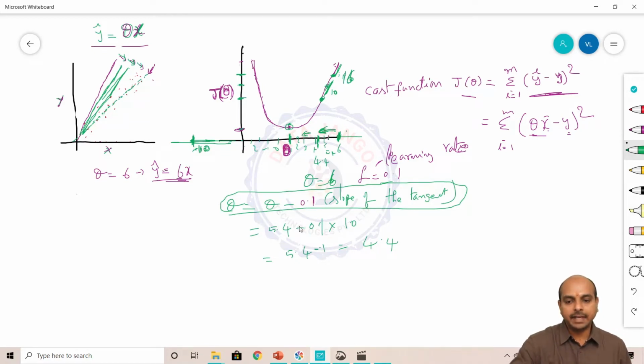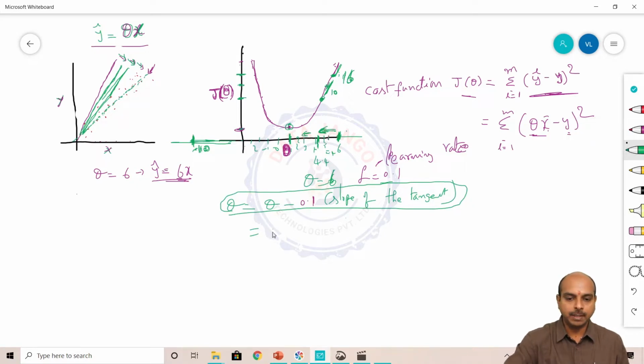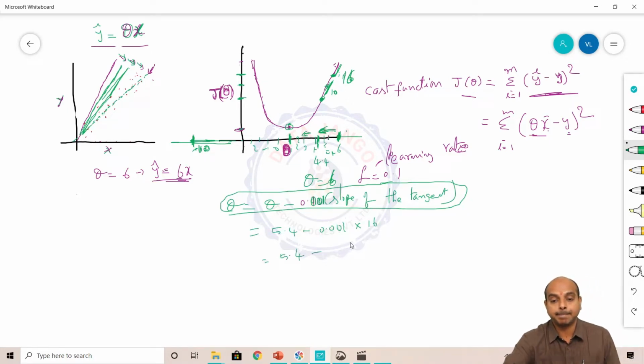So what if your alpha is too small? Suppose that your current theta is 5.4, and if your alpha is 0.01, what happens? 0.01 into 16, it is going to be like 5.4 minus 0.016, right?